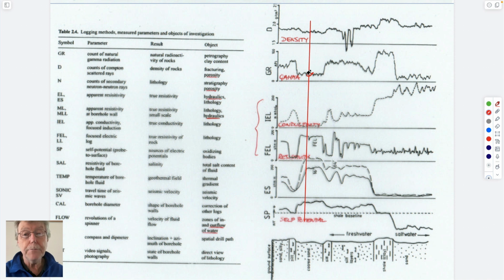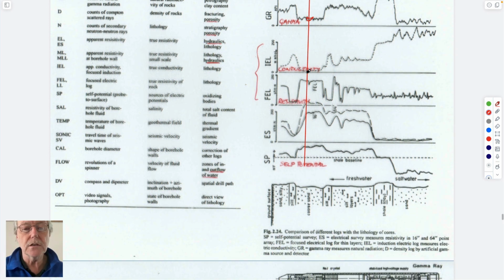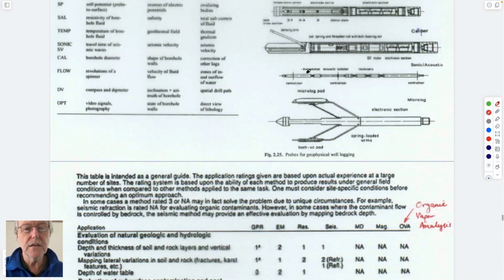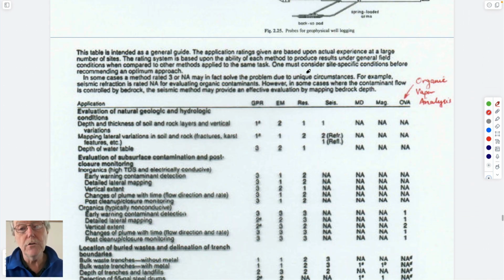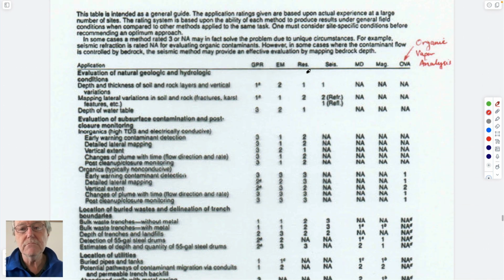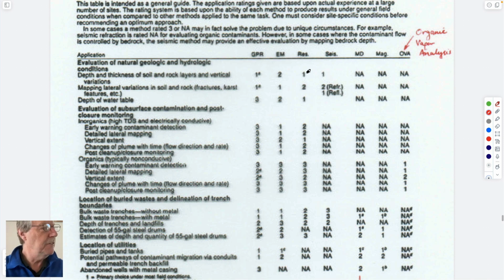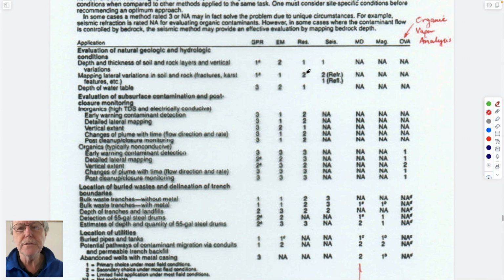You could use those to try and resolve exactly what the subsurface material was and make a guess as to whether it was a sand or a silt or a clay because of its particular characteristics. And so that's standard practice in petroleum. I don't know how it's used in environmental geophysics. Not very much. I think it's a bit too exotic.